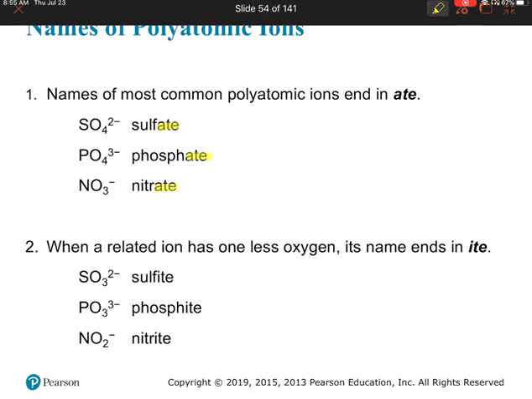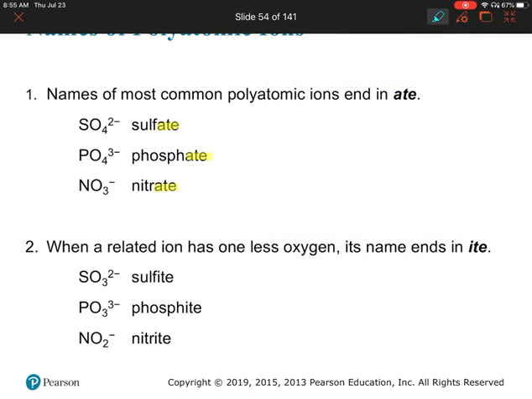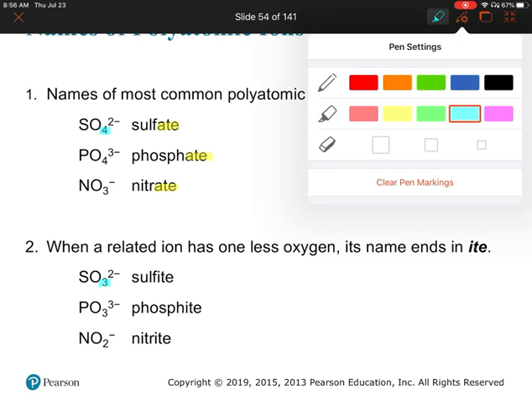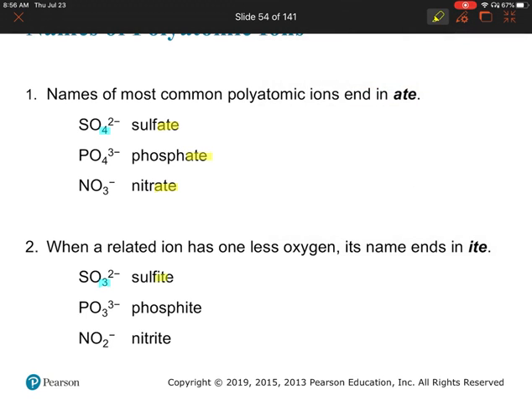So, for instance, notice that originally we have SO4 2 minus. Well, if we have one less oxygen, SO3 2 minus, we change the end of the name to ite, so it becomes sulfite. Same with phosphate.